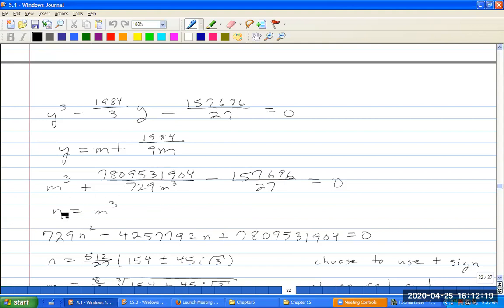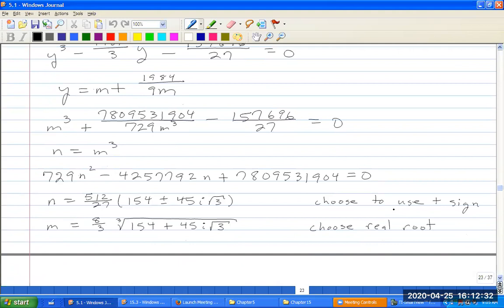Let n equal m cubed and multiply both sides of your equation by 729m. You then get 729n squared minus 4257792n plus 780953190 equals 0.